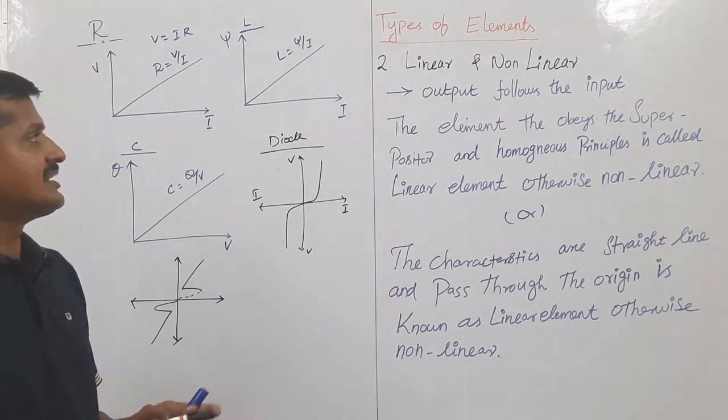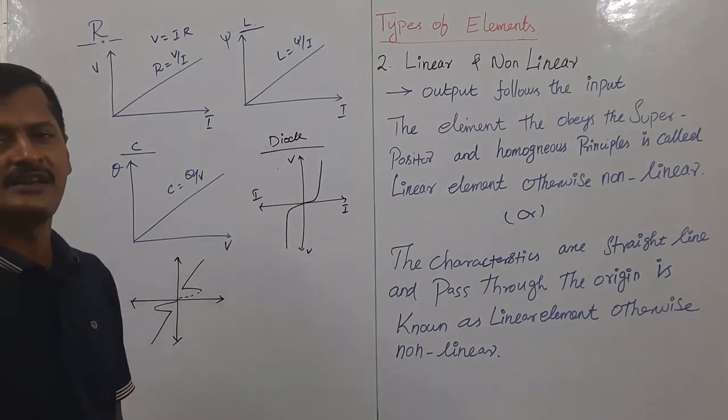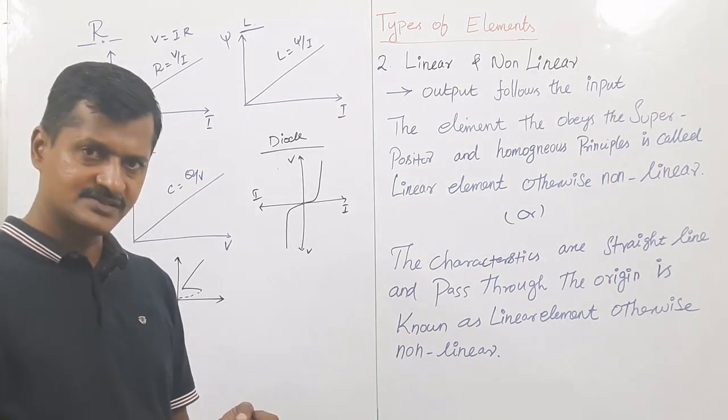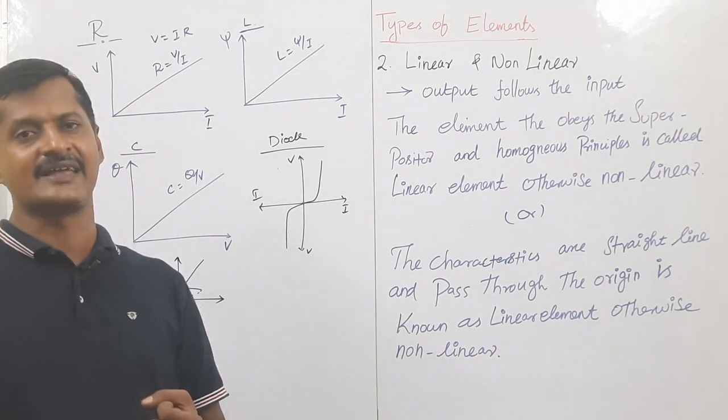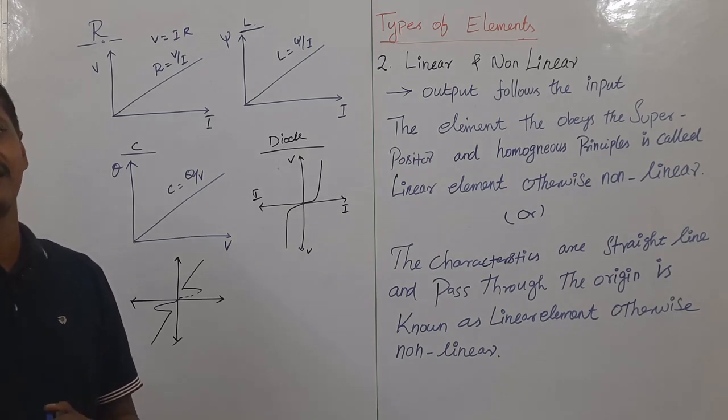So examples for linear elements are resistor, inductor and capacitor. Non-linear elements are SCR, triac, diac, diode. So these are all examples for non-linear elements, right?